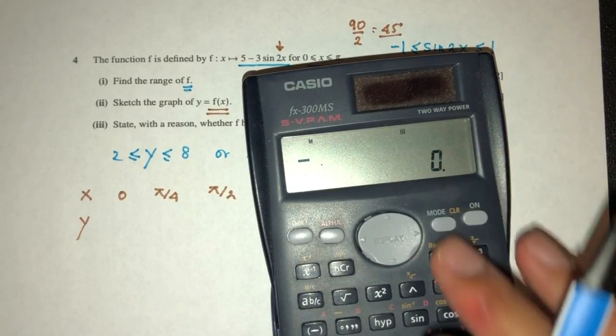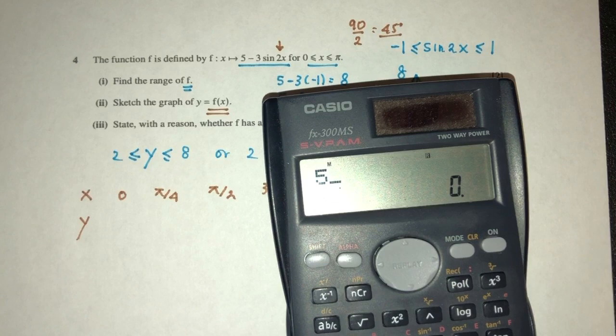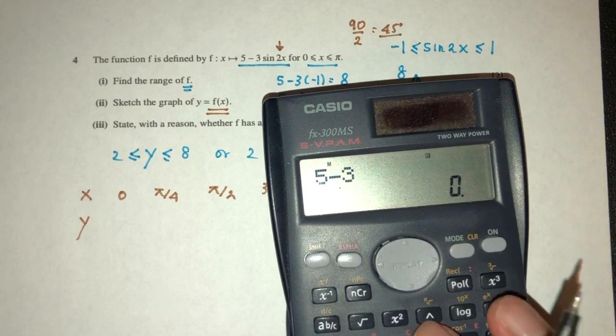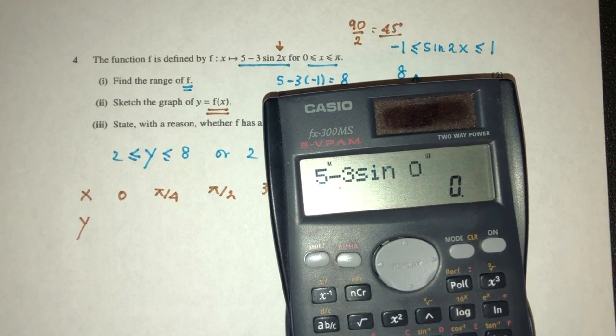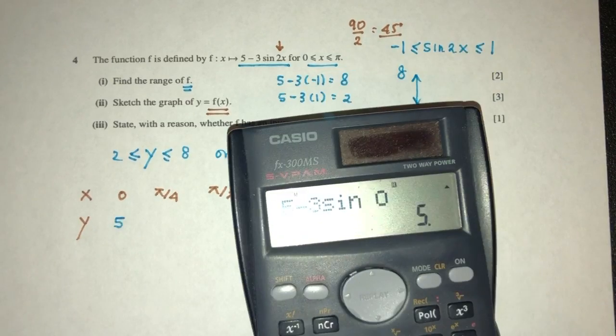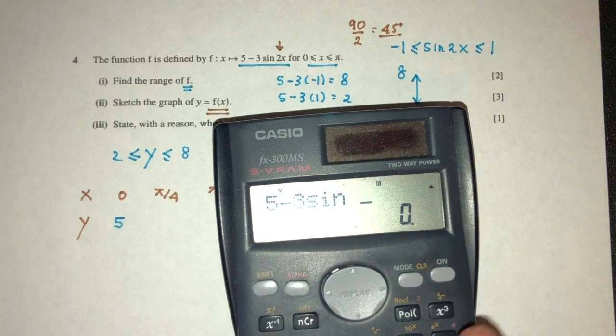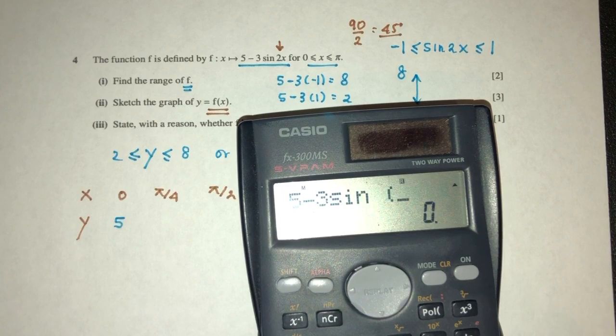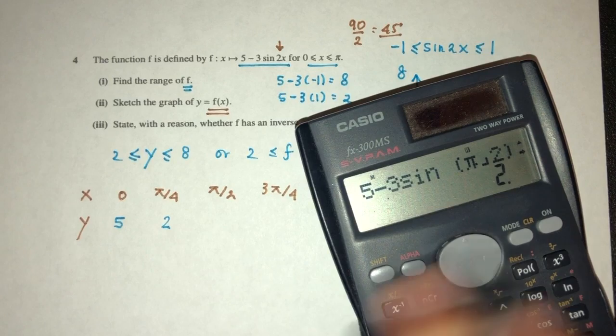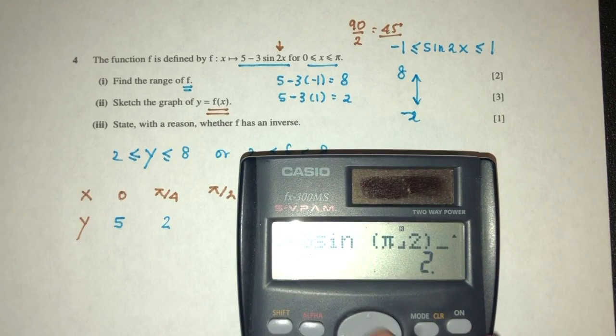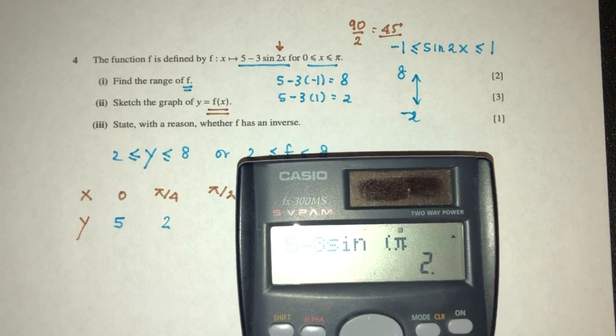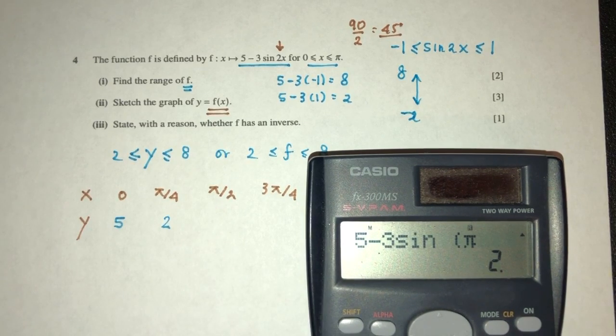Let's see what we have. Here we have to use radians, so 5 minus 3 sine of 2 times 0 will be 0. That should be 5. 5 minus 3 sine of 2 times this, that should be pi over 2. That should be 2. And here we have 2 times this, that should be just pi.